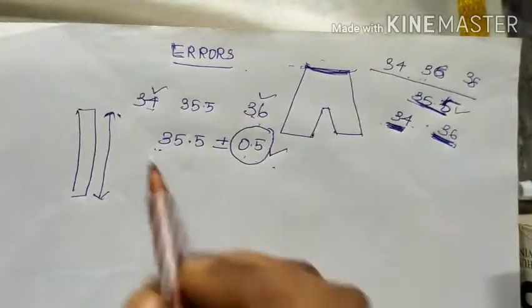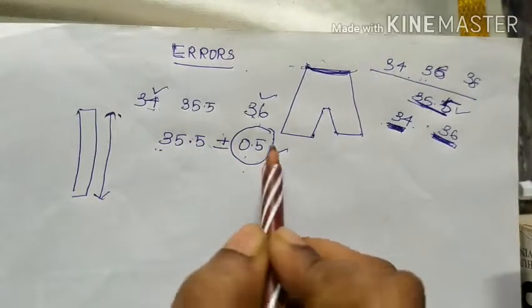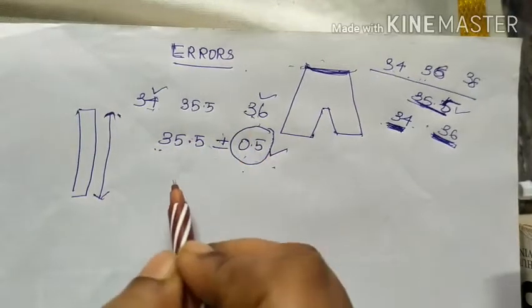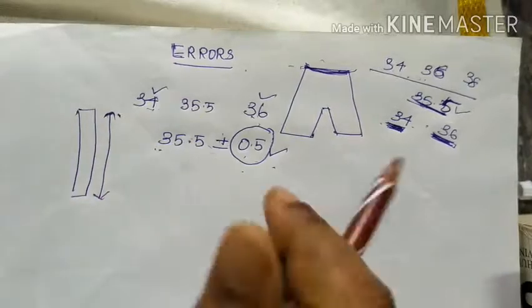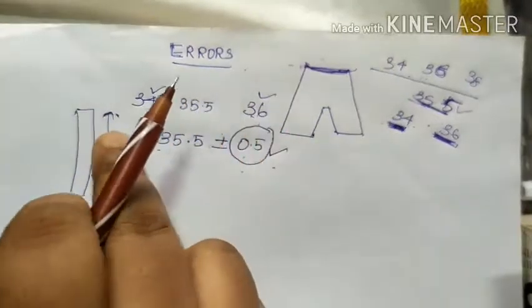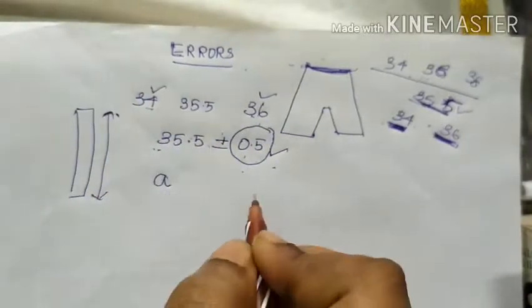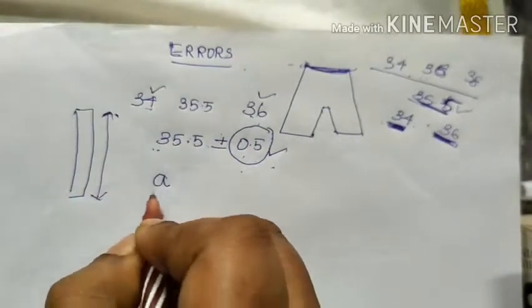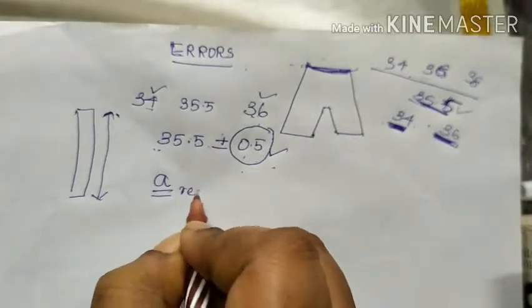So due to those reasons, the measurement will be having a plus or minus variation. That is, there is a maximum value that can be taken, and there is a minimum value which can be taken.